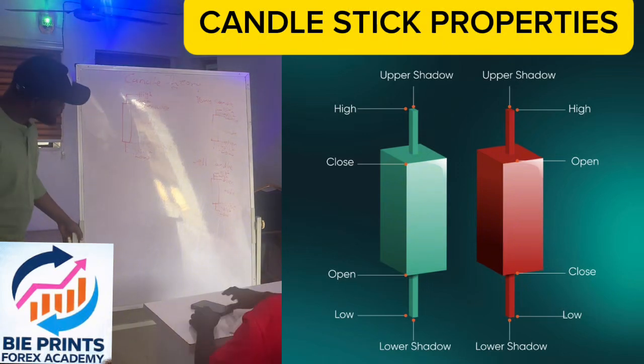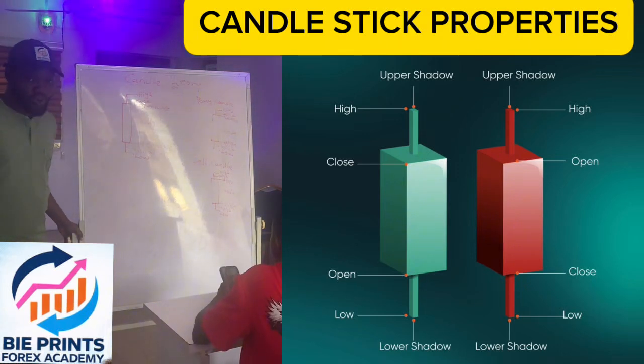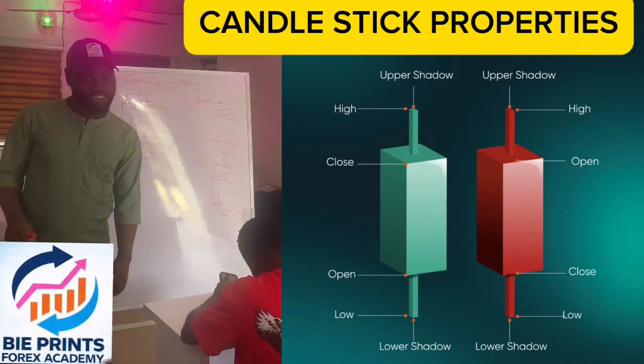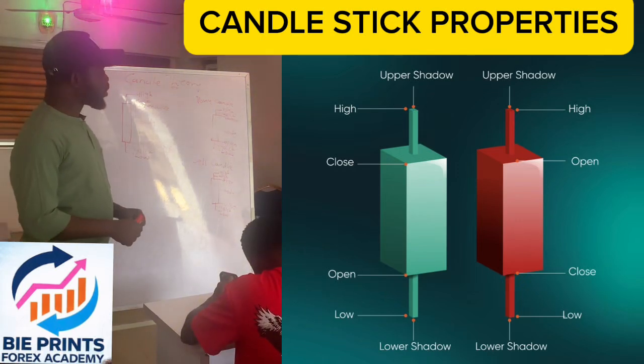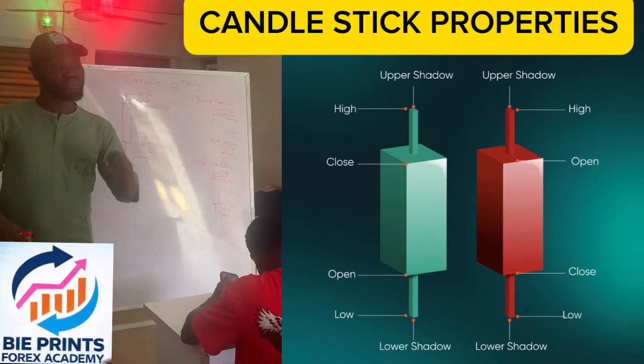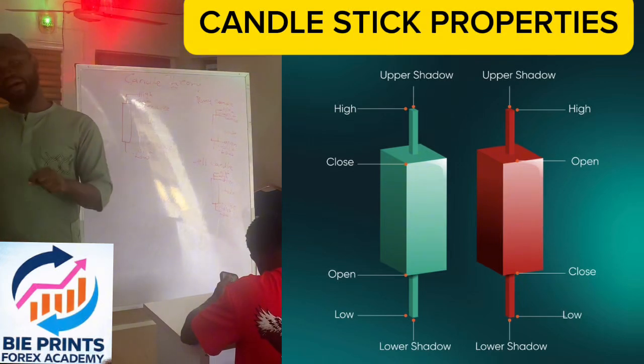Then we have the low. The low is the lowest price that the market sold at a particular time.